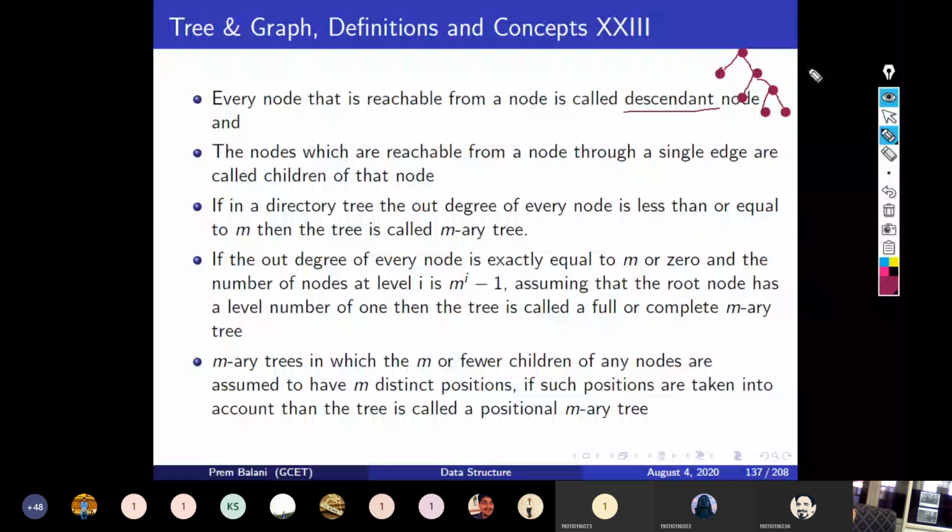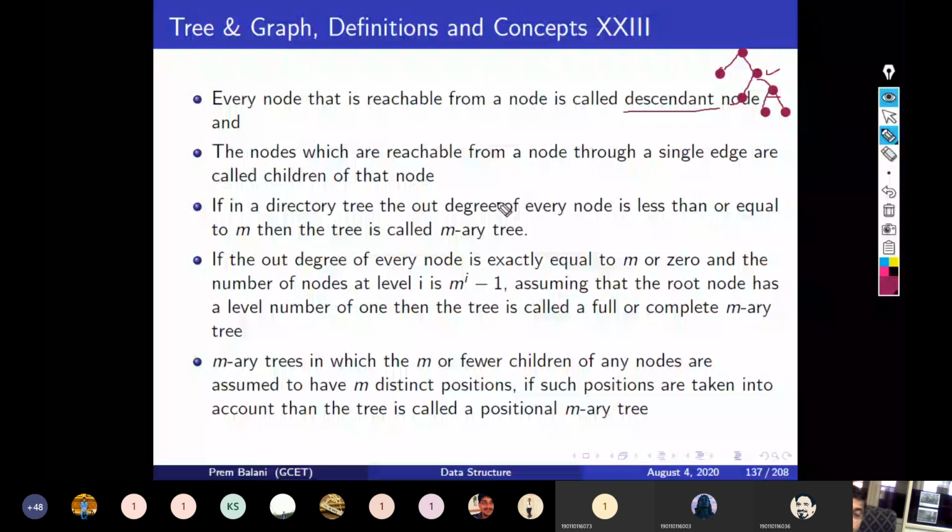So if I take this node, then all nodes which are reachable from this node, all these four nodes are called the descendants of this node, right? And the nodes which are reachable from the node through a single edge are called the children of that node. So for this node, the children are these two, because these two nodes are reachable by just a single edge.